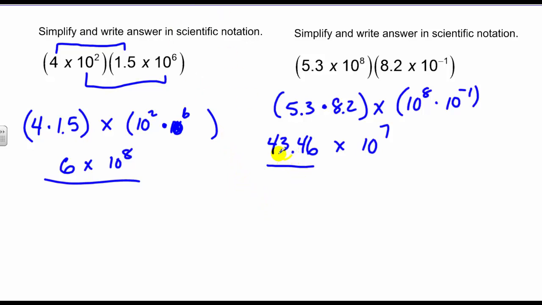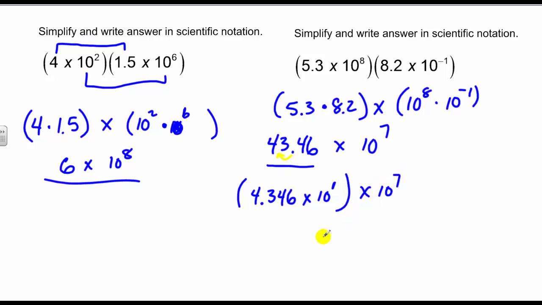I have to move 1 to the left, so this is really going to be 4.346 times 10. Since I moved to the left, my power is positive, and that term is going to be multiplied by 10 to the 7th.